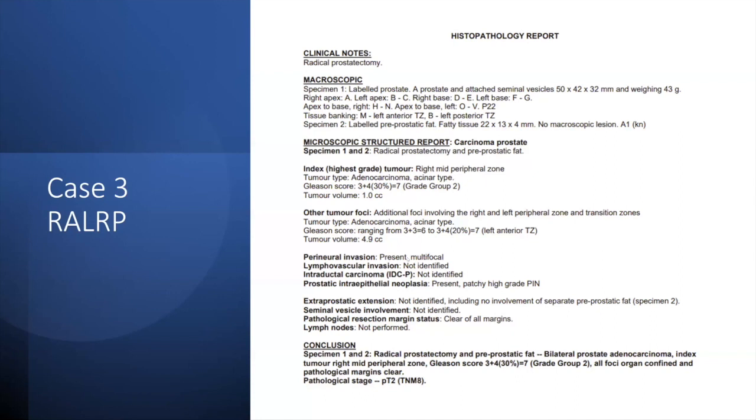So we actually found, in other words, that the higher grade, just because there's a little bit more pattern 4, was actually on the right side in the peripheral zone. I'm not sure we can see that on MR images. Even in retrospect, I don't think we can see that. And interestingly, you say that you can identify that left peripheral zone lesion there, Andrew.